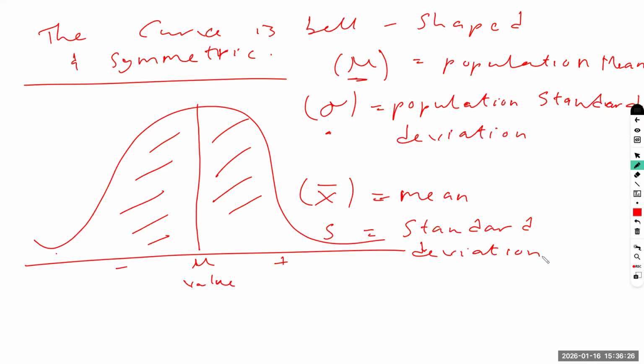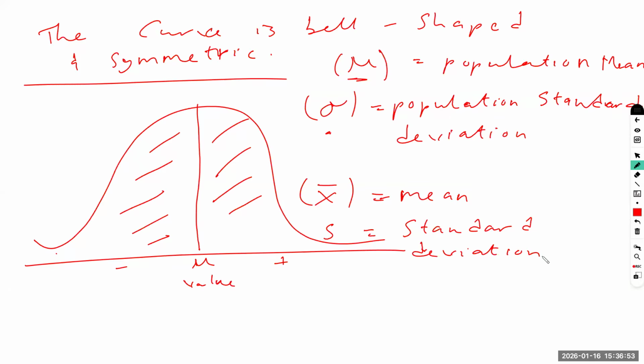random variable, the sample random variable, or another variable, with a normal probability distribution, will fall within a specific interval.